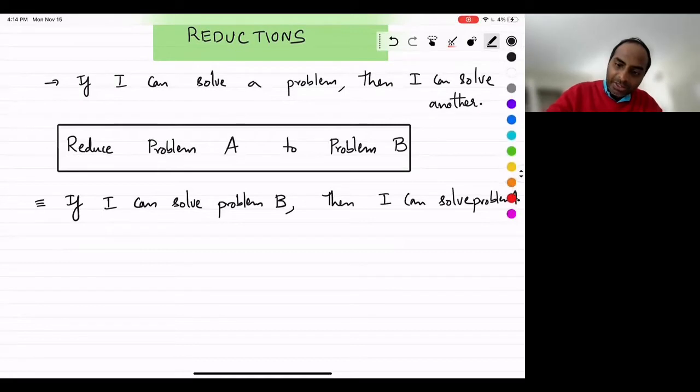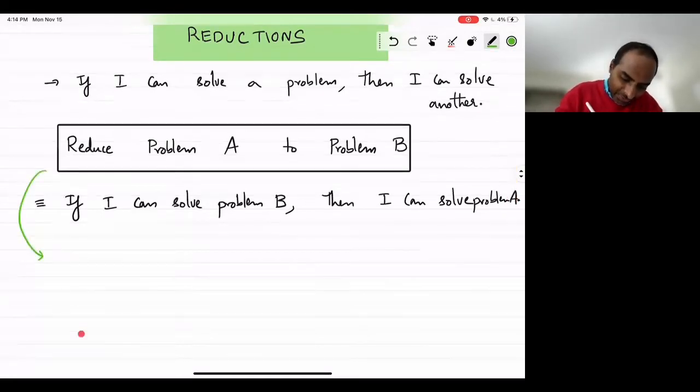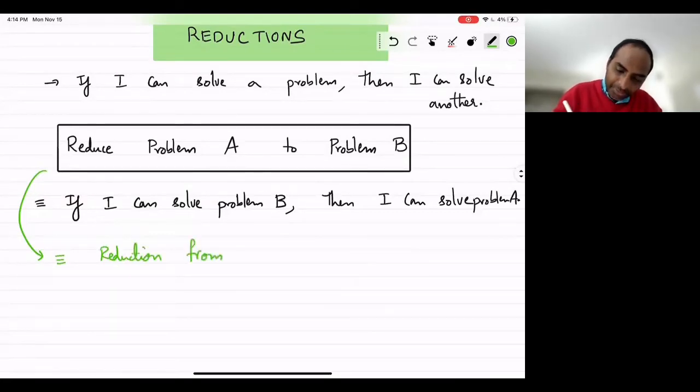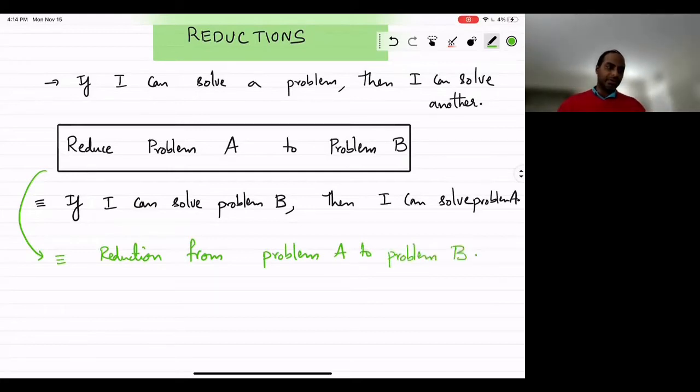And sometimes, you also talk about this by saying this is equivalent to saying reduction from problem A to problem B, right?